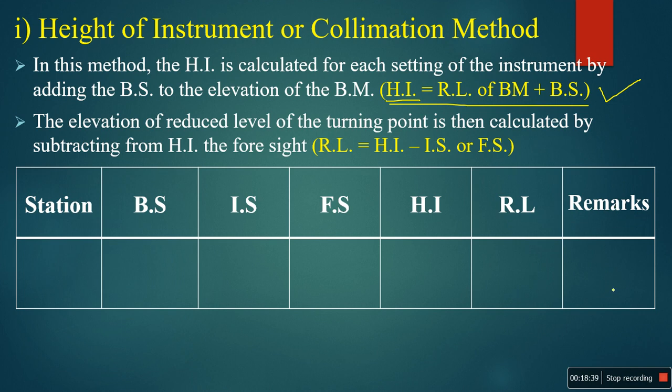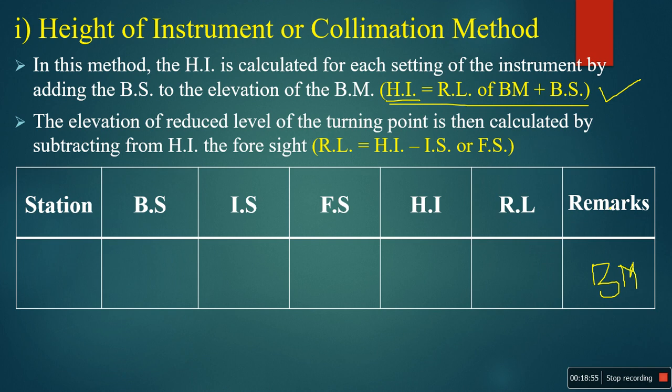Here you write the naming of the station. For the first station, staff number 1, you generally take the benchmark, so we write BM here.